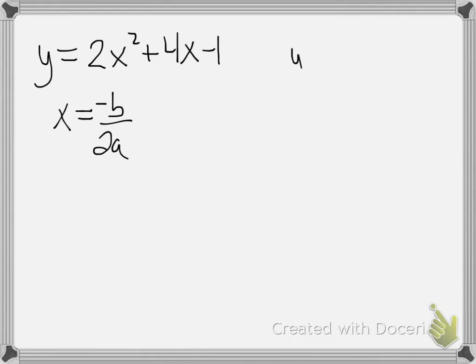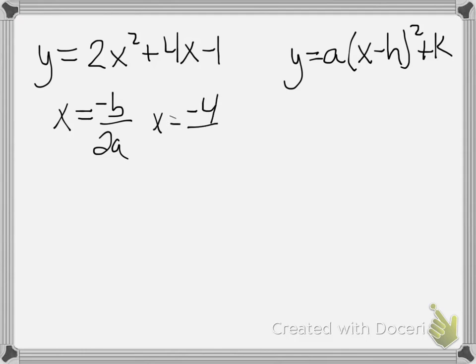Oops, I should probably write my formula up here. Okay. So I have x equals -4 over 2 times 2, which is -4 over 4, which is -1. So I have x equals -1.